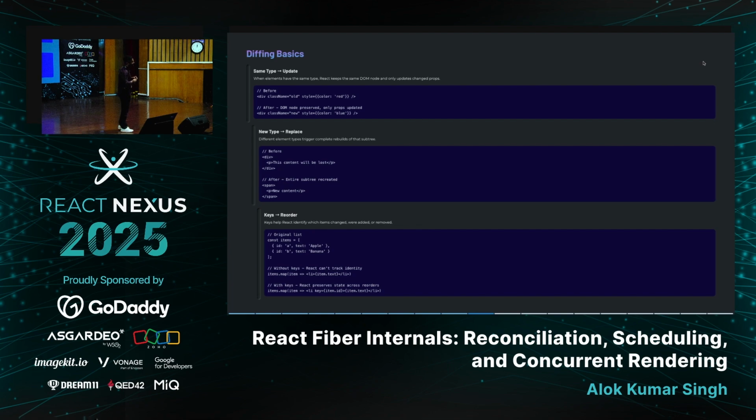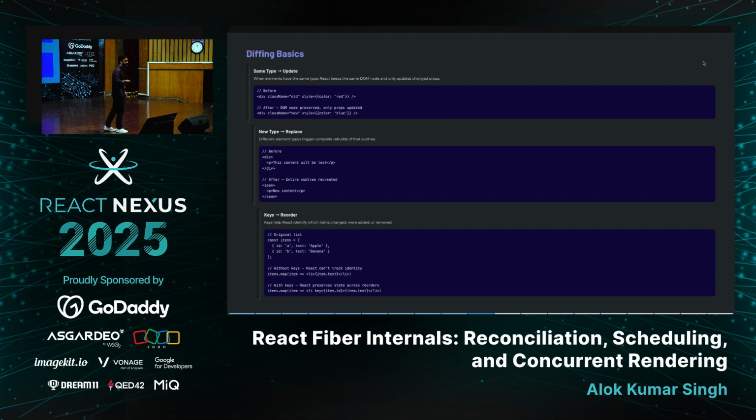So React will look, okay, I have a div, and the second one after the update is also a div, but the style is changed. That means it will keep the node and only update that property. But if it is a new type, let's say we have changed the div from div to span, then it will destroy the entire subtree and create a new subtree from there.